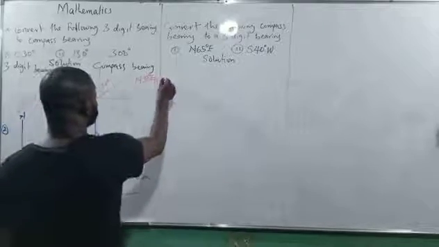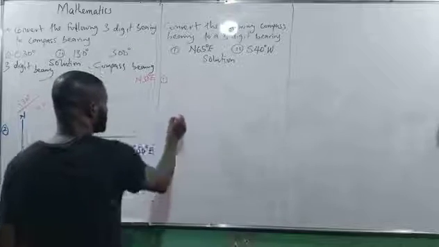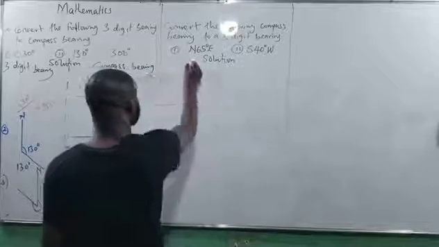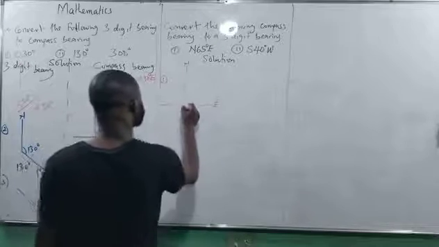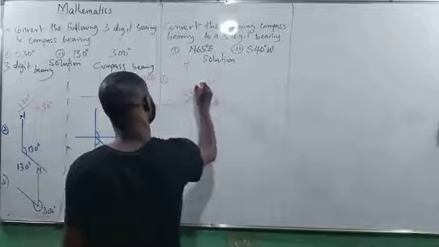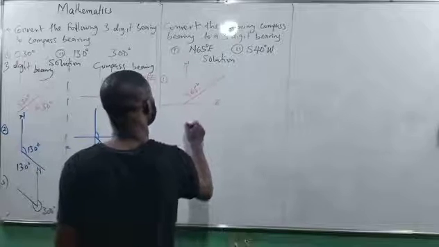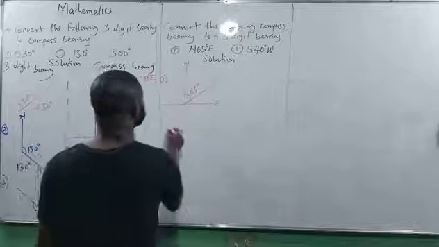The first one. Now, I'm talking about this, this is going to be east, and which is going to be what? 65. Here will be 65 degree. Now, if I should present this, it will be what?